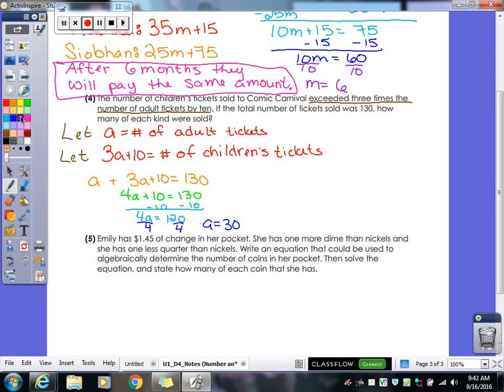But we still have to figure out the number of children's tickets. So I got to take my 3A plus 10. So I got to do 3 times 30 plus 10. 100. So what's the last thing we need? Sentence. There were 30 adult tickets and 100 children's tickets.